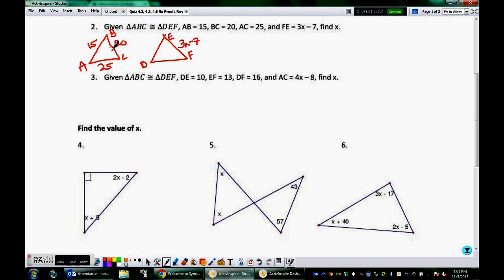So I'm looking at the side lengths here. Now my side EF corresponds to my side BC. Since they correspond, they're also congruent to each other, so their measures are going to be equal. So I've got 3x minus 7 equals 20. When I add the 7 to both sides, I get 3x equals 27, and x equals 9.